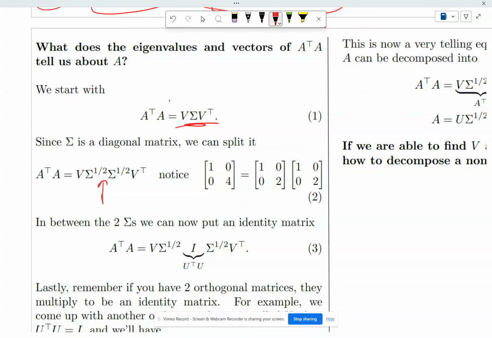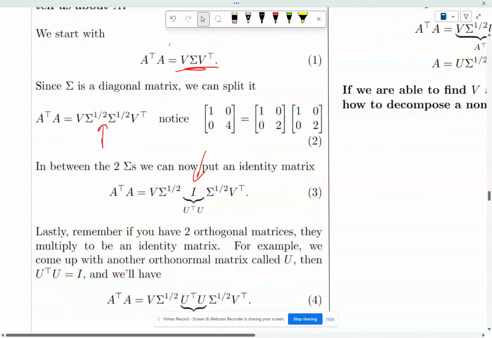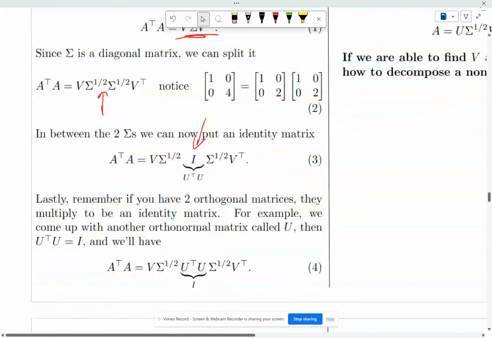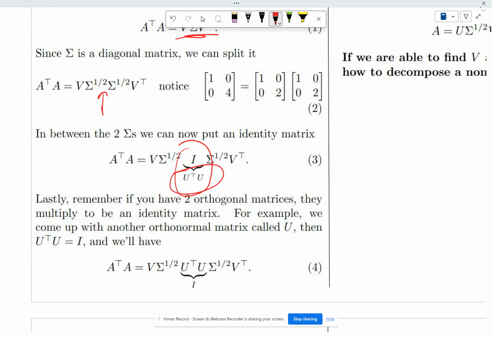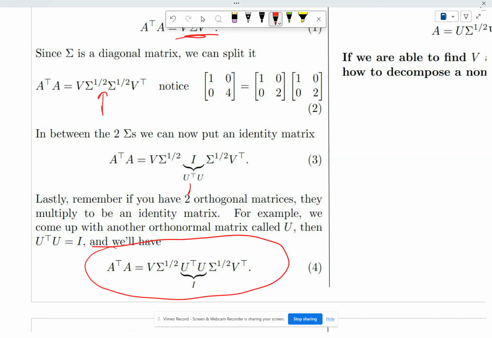Remember, these are orthonormal, so we can put in an orthonormal matrix such that the product equals 1, assuming that U is orthonormal. Therefore, A transpose A is equivalent to this giant thing, now that we've split them.